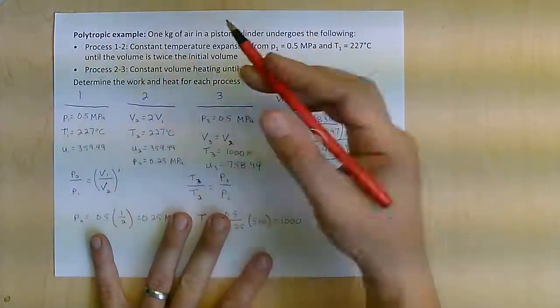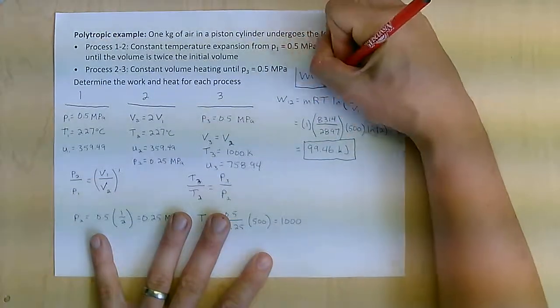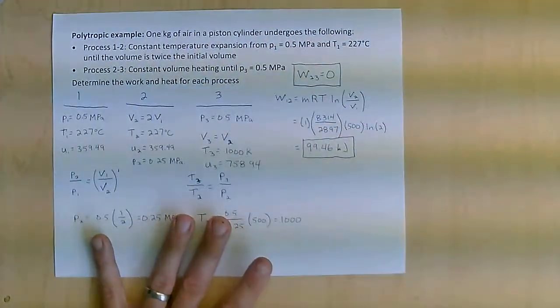Work 2 to 3 is 0. Constant volume tells me that.